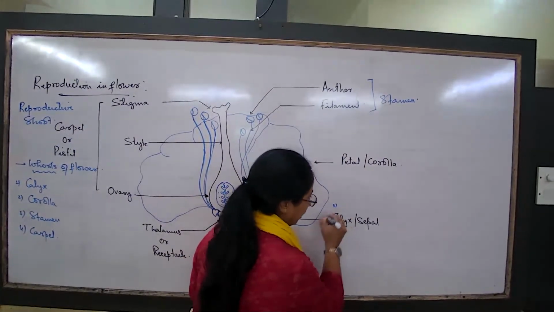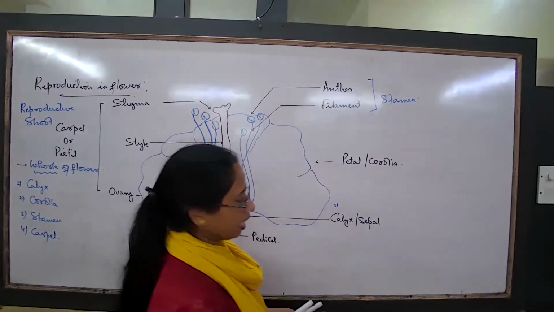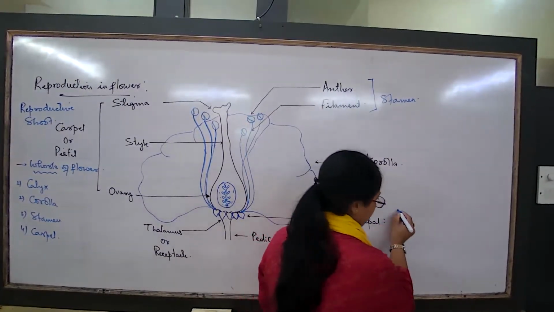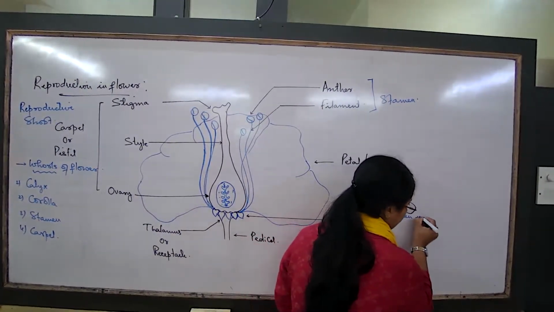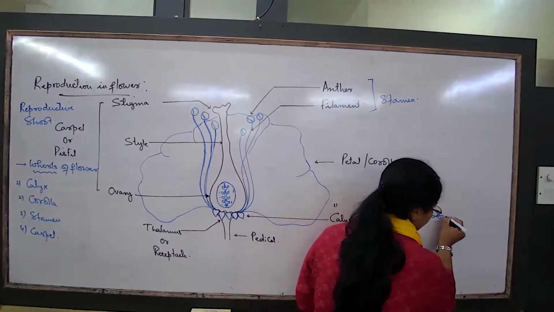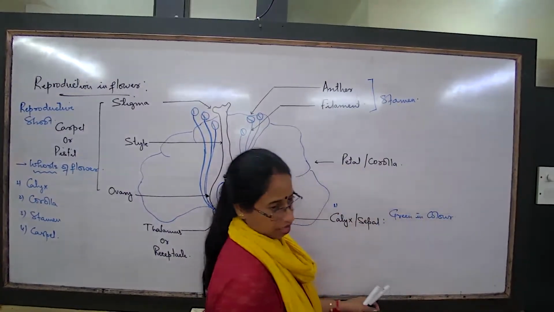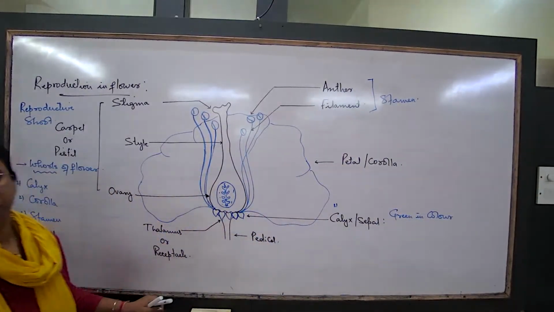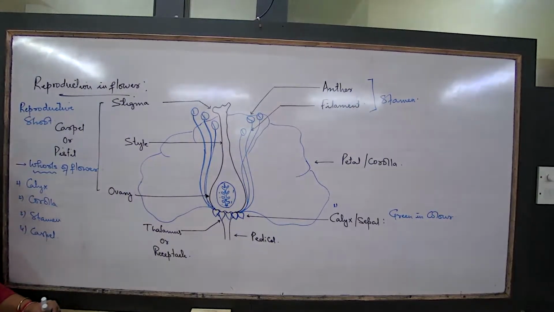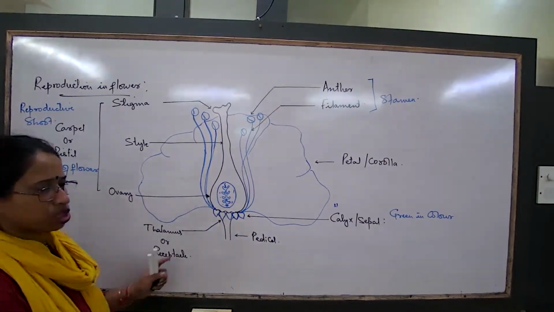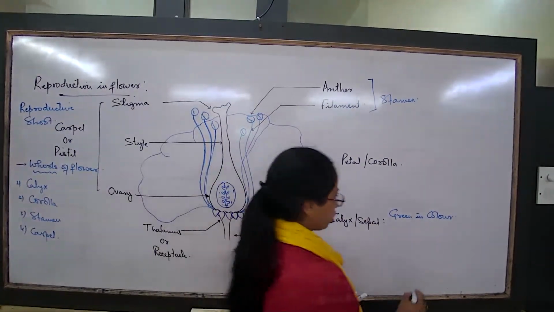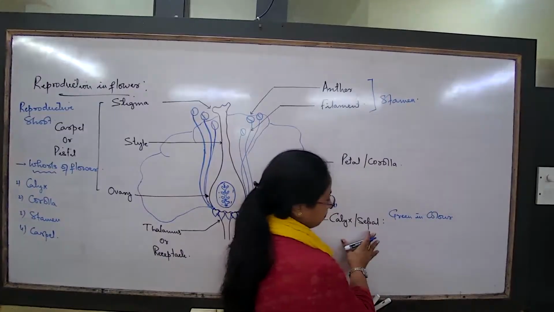The first one, the calyx. Features of the calyx, what you should remember is, it is generally green in color. When we are talking about certain plants, they may have calyx and the corolla almost the same. But mostly they are all green in color, exceptions are few types of flowers only.